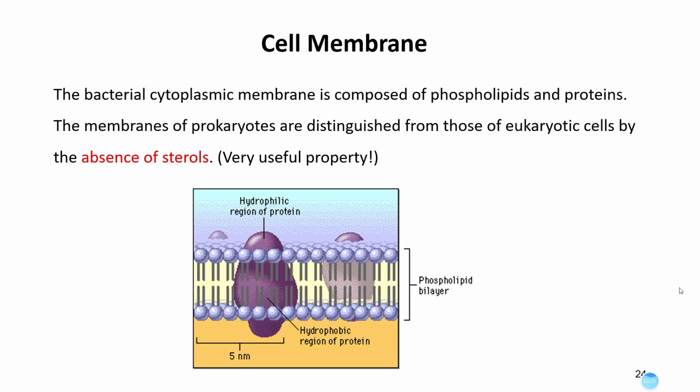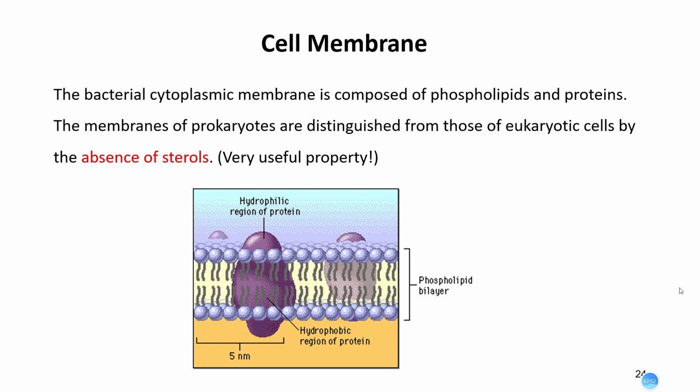And we know the cell membrane is made up of what? The two layers of phospholipid, right? Phospholipid, because it has this phosphate group which is hydrophilic, and it contains a tail part.